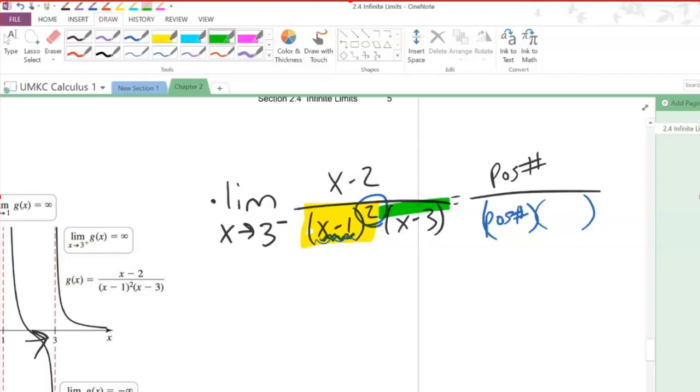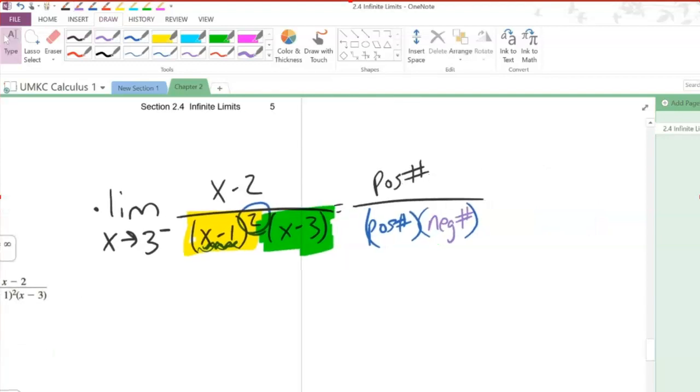That's in the denominator. And if I'm on the left side of 3, then I'm like at 2.9. 2.9 minus 3, this is a negative number, and this one's going to 0. So that's going to make my whole denominator go to 0, while my numerator is just some positive number.